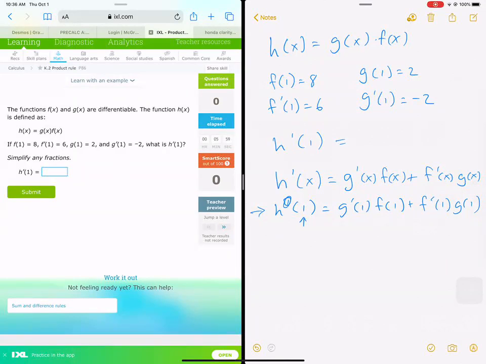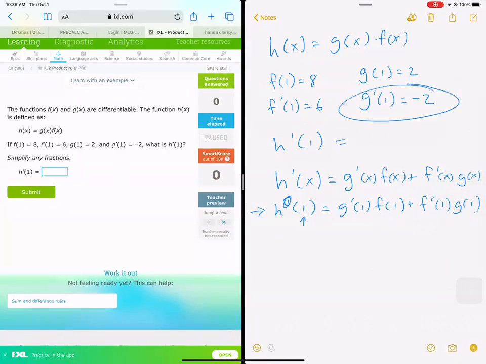Now, they give us all the values that we need. g prime is negative 2, f of 1 is 8, plus f prime at 1 is 6, and g at 1 is 2. The answer is negative 16 plus 12 gives us negative 4.